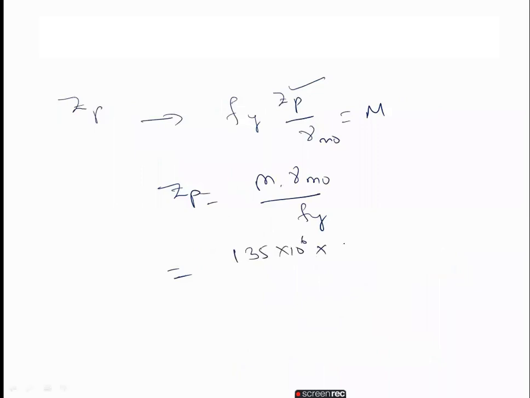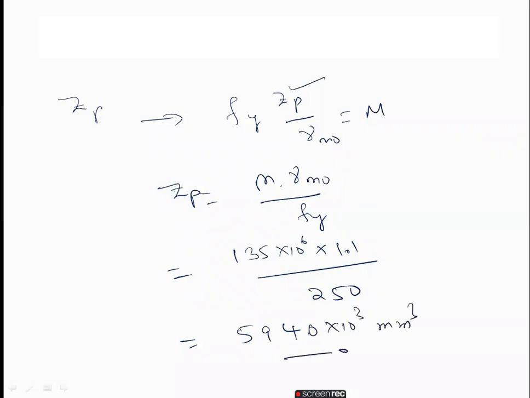Gamma m0, the partial safety factor, is 1.1, and Fy is 250. Once you solve this, you will get 594.0 into 10 cube mm cube. From this data, we got the Zp value.